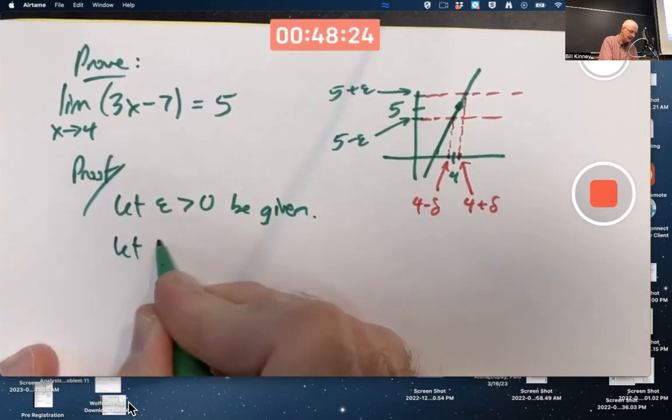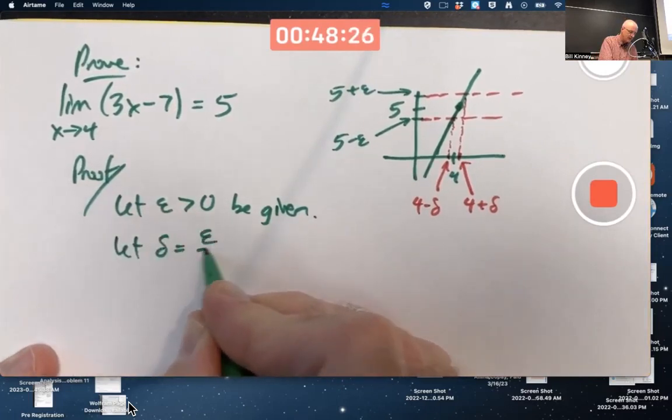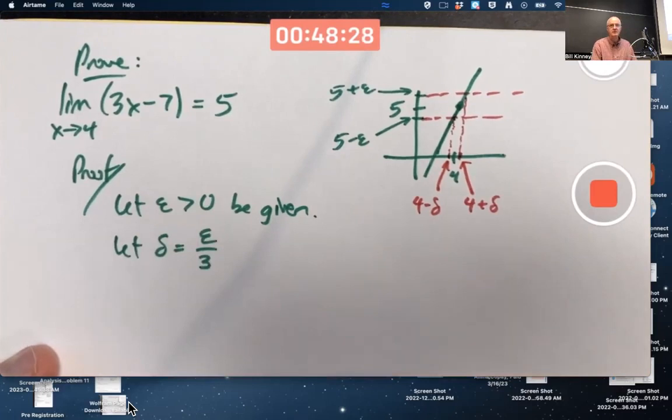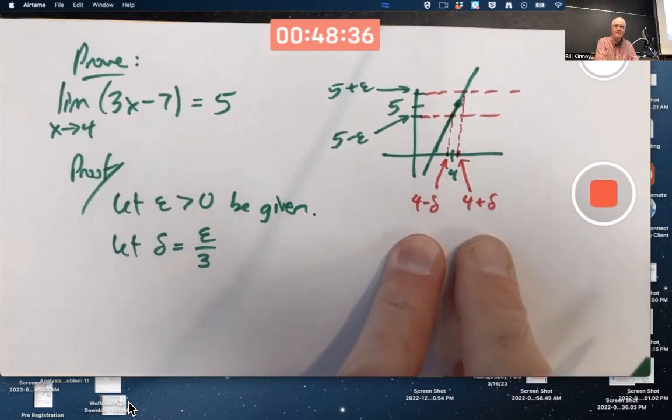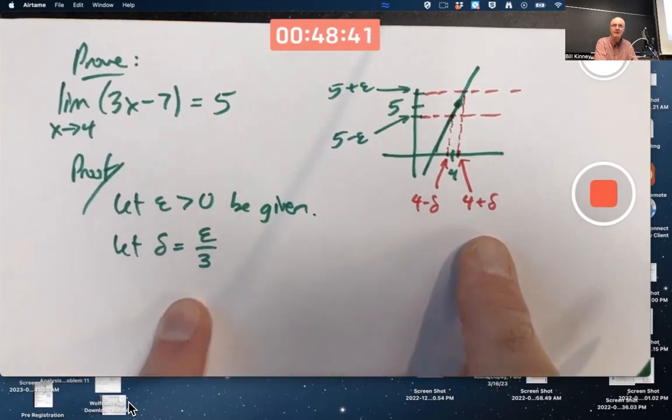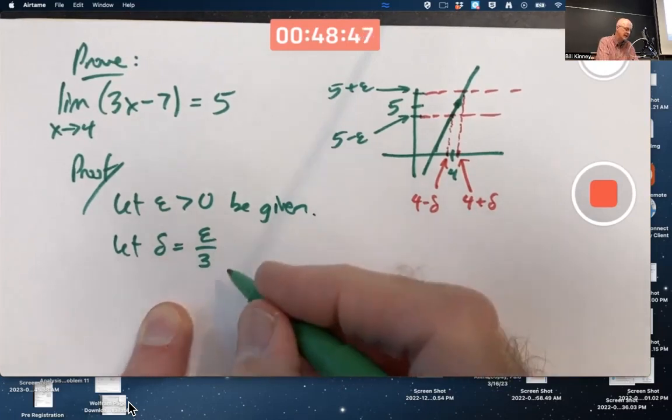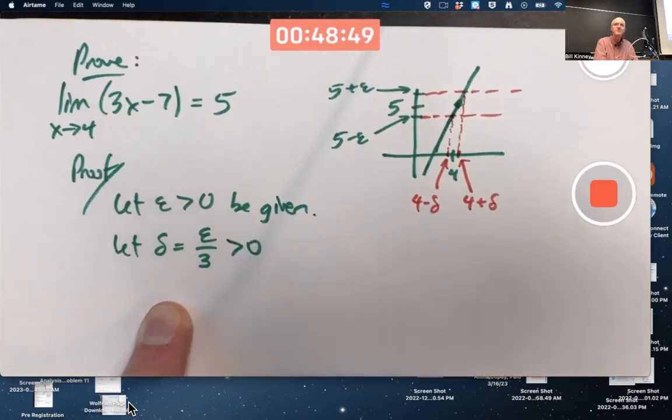Let delta be epsilon over the slope of this function, which is 3. The slope is 3. It's somewhat steep. I need to make delta smaller than epsilon for this to work, is what I'm trying to say. And if it's epsilon over 3, it's going to be small enough. Epsilon's a tiny number. Delta is also a common symbol for a tiny number. This is positive, though.